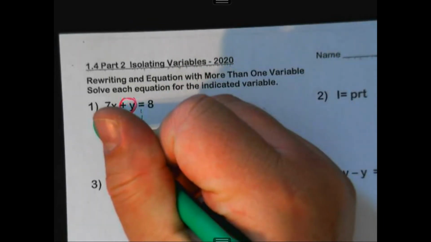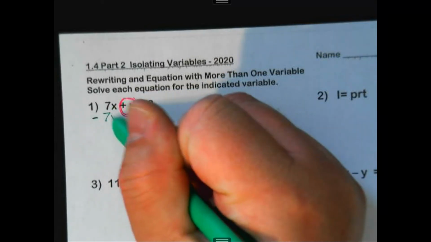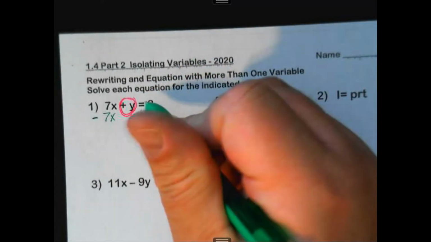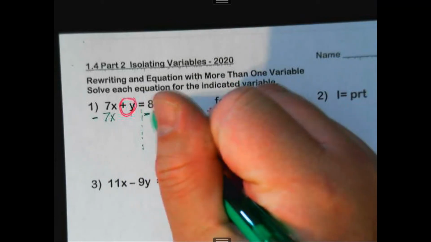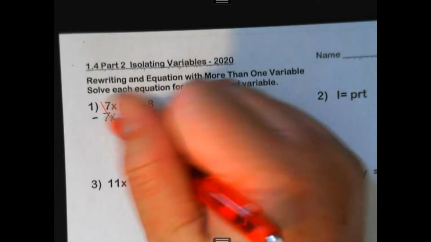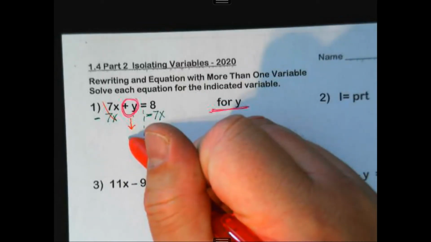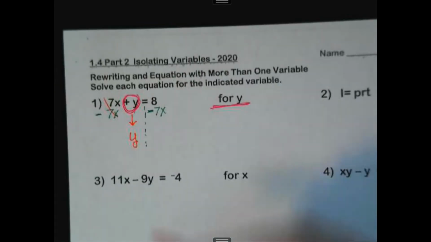We're going to minus what we don't want here, minus the 7x, because we're undoing the addition of 7x. And we have to minus 7x on this side. So after we minus these, now we don't need to put a 0 there because I'm going to bring down this term, positive y, or y, equals.